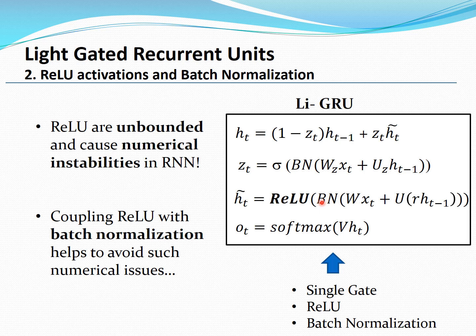And of course, we can use batch normalization in all the other parts of the architecture, but this is the most important part, because we can have at the same time the benefits of the two techniques without having any numerical instabilities. So these are the four equations of our model. You can see that we only have one single gate, we have ReLU activations and batch normalization.